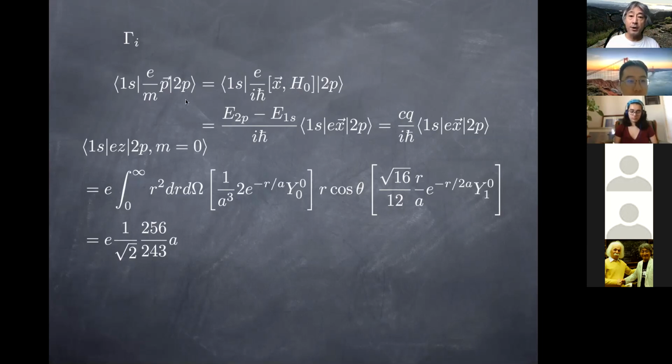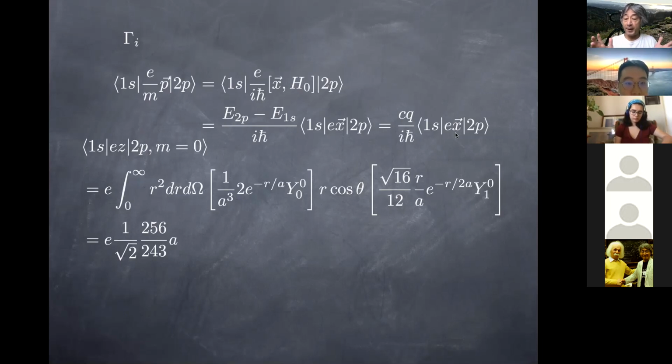So among three components of this electric dipole operator, the piece for the x direction and y direction just identically vanishes, because the state is azimuthally symmetric, there's no particular orientation in the xy plane, and therefore their contributions vanish.